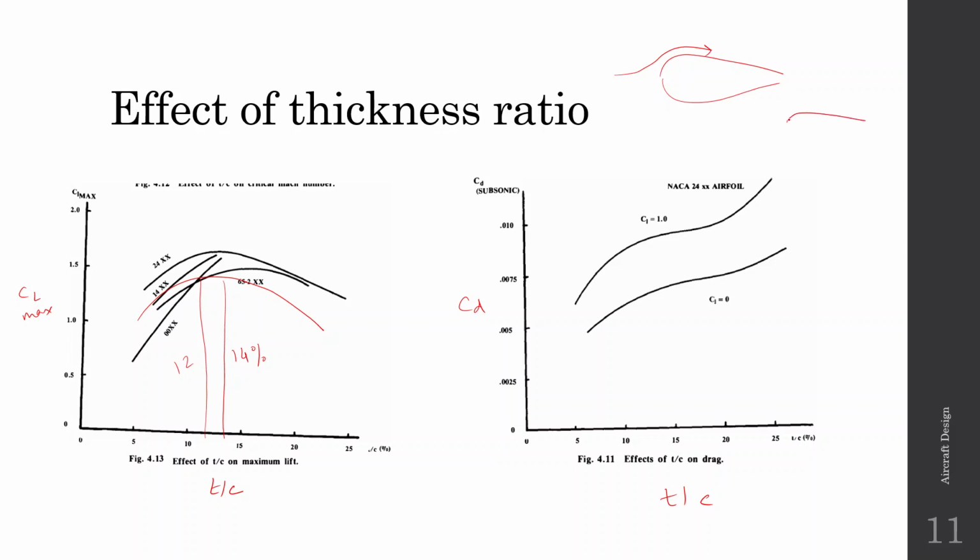If the wing is thinner, then the air does not have to change its direction by very much. Therefore, there is a proportional kind of relationship between thickness ratio and CD. If the thickness ratio increases, it causes more drag, and if it decreases, it causes less drag.